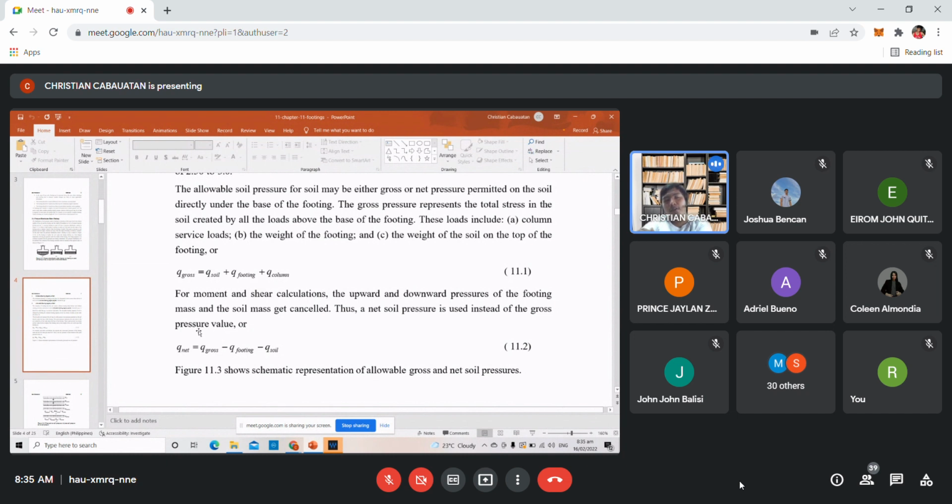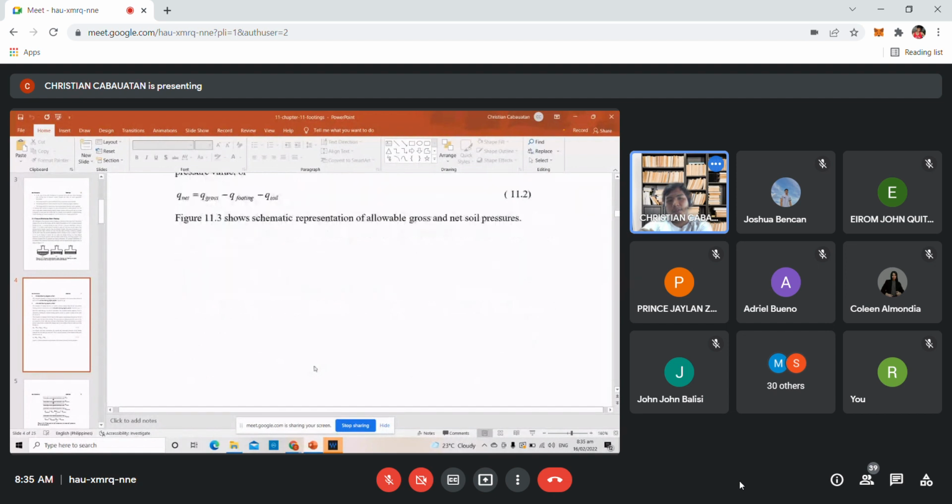Pero in real life, there is a moment and these shearing effects. Okay? So the net soil pressure could be obtained as Q net is equal to the Q gross minus the Q of the footing minus Q of the soil.